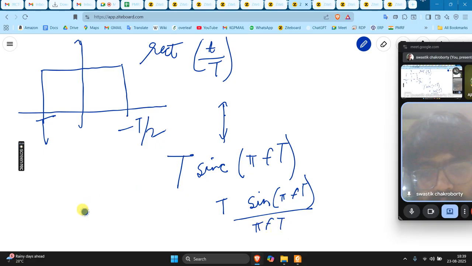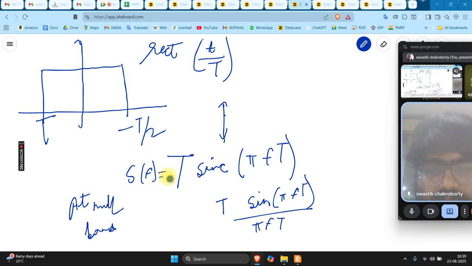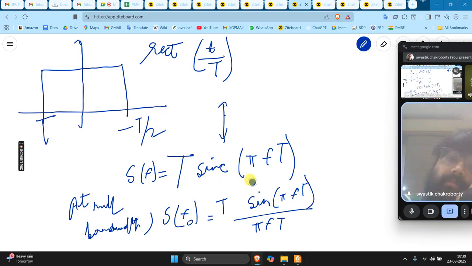Now at zero crossing or null bandwidth, at null bandwidth, f naught is equal to this thing, T sine pi f naught t by pi f naught t is equal to 0.